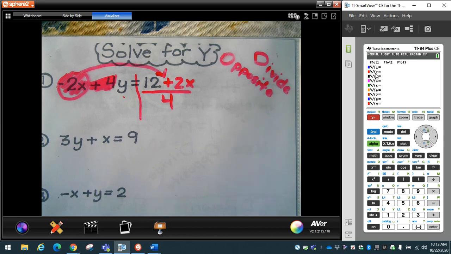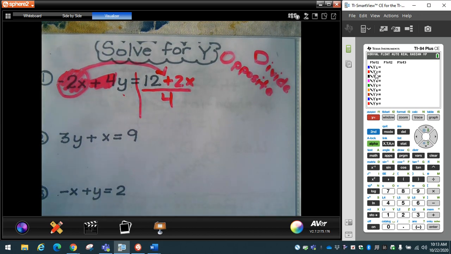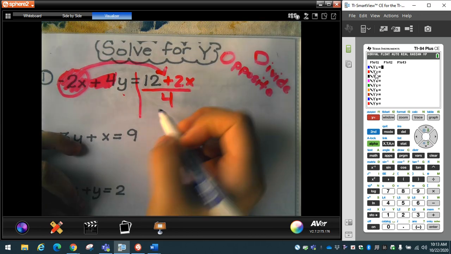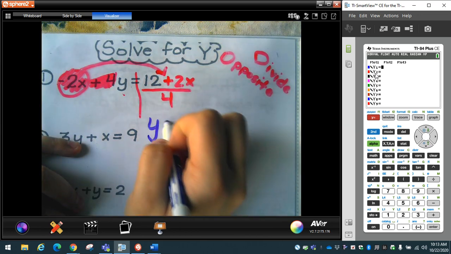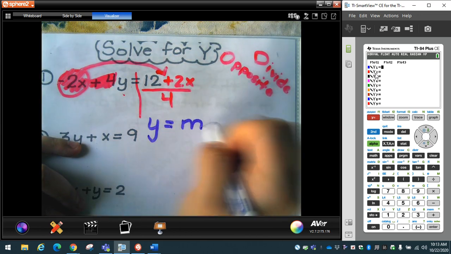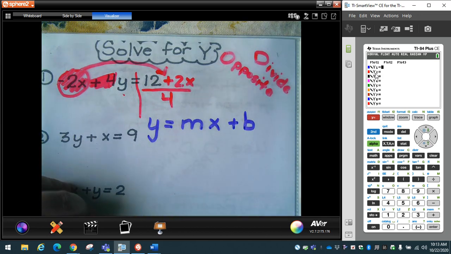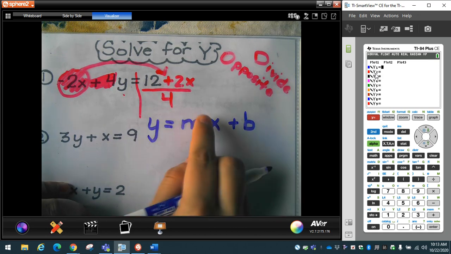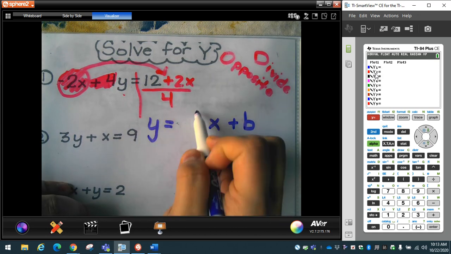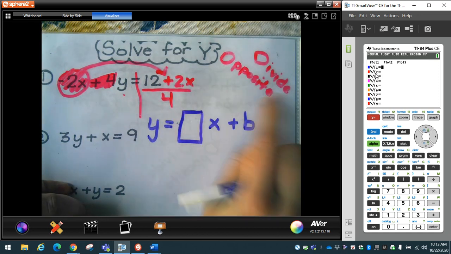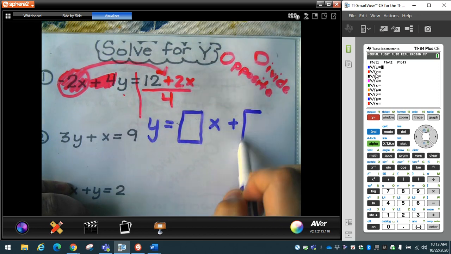Next, I want to rewrite this in slope-intercept form. Slope-intercept form is y equals mx plus b. For m, I'm going to put a box, and for b, I'm going to put a box.